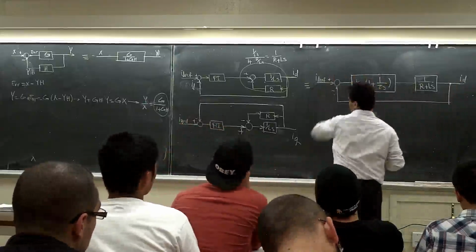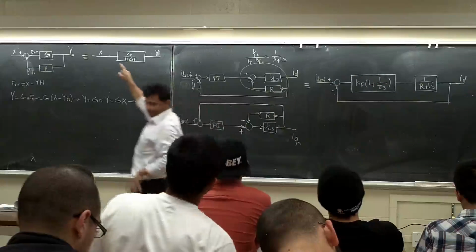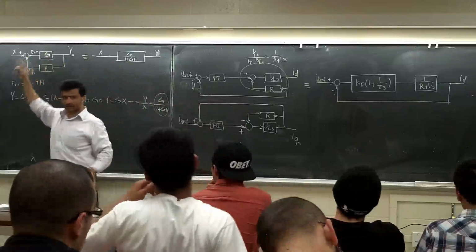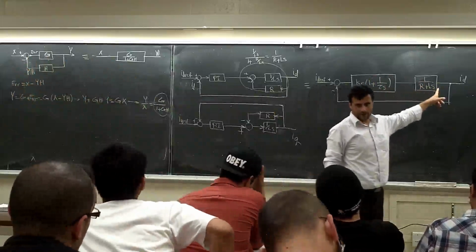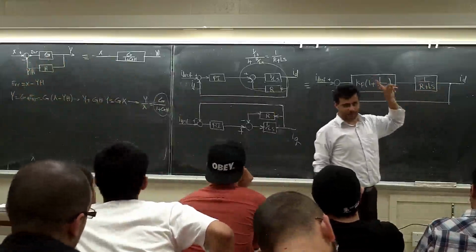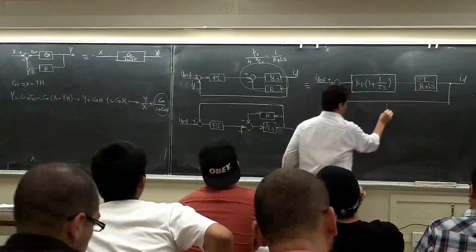See again, this one looks like this, right? What is G? G is this block times this block, right? How much is H? H is 1. So basically this system is going to be this.